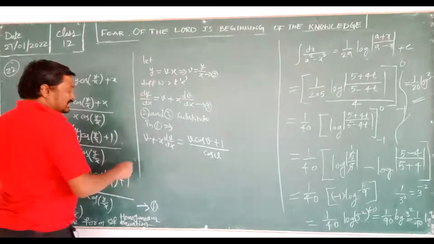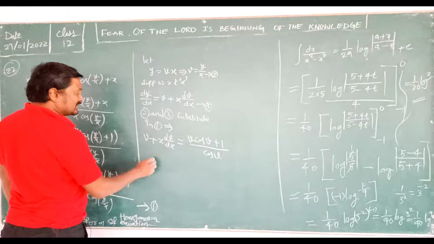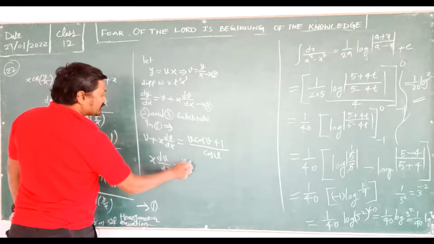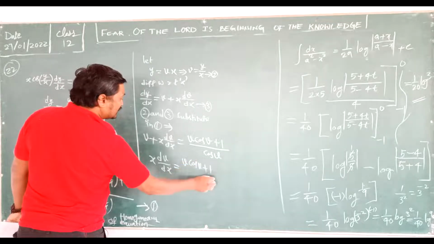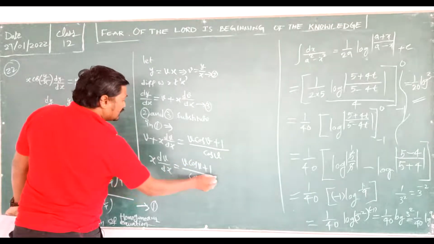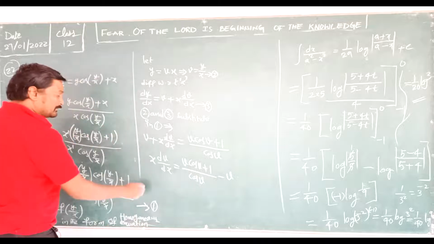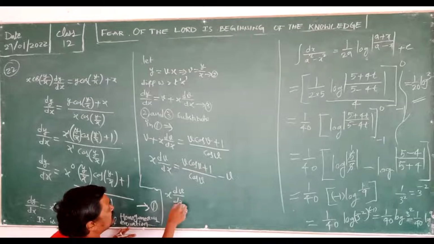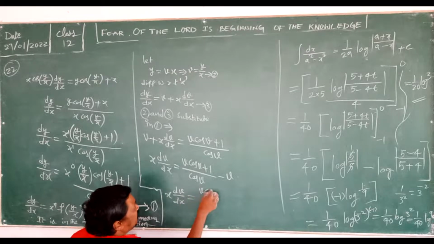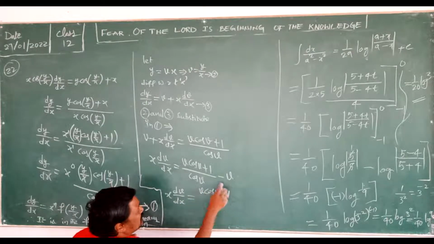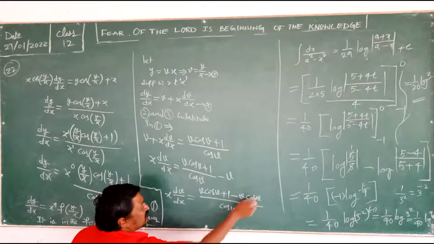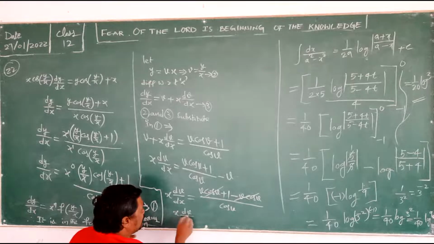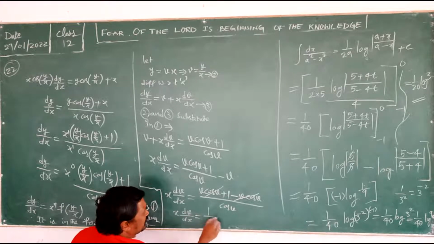So next what I'll do here: plus v, go to that side, minus v. So x dv upon dx is equal to v cos v plus 1 upon cos v minus v. Now multiply, what are you going to get, check. x dv upon dx is equal to v cos v plus 1 minus v into v cos v gets cancelled. x dv upon dx is equal to 1 upon cos v.